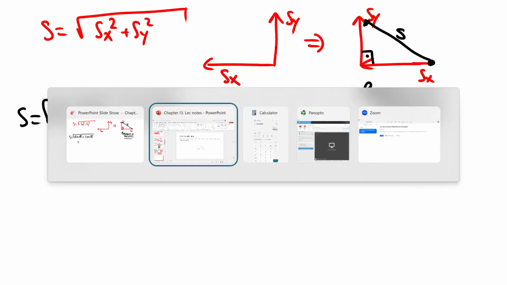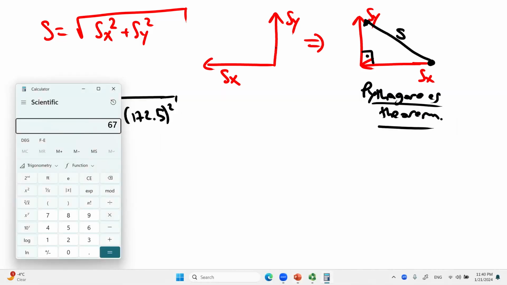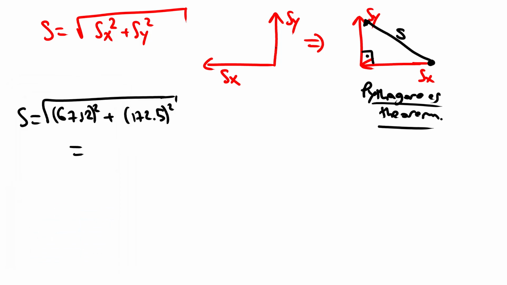Let's find it. 67.12 squared is about 4500, plus the other term, and then the square root of this one gives 185 feet. That's for S.